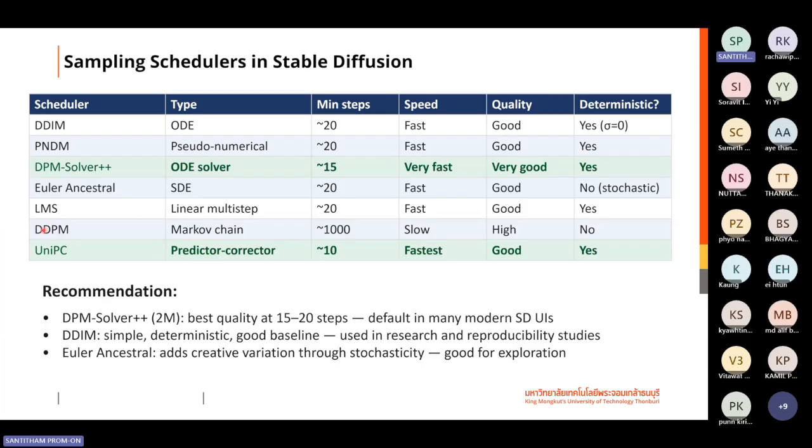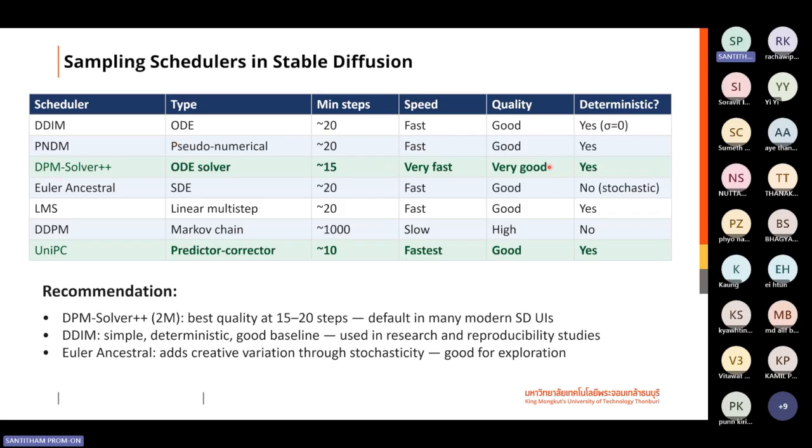What we saw earlier are DDPM and DDIM. Right? The default one for stable diffusion is this one, DPM solver plus plus. We will look at how it works later on. And there's still DDIM here, the standard ODE, deterministic ODE. And as you can see, it's fast, good quality, and deterministic, with few steps.